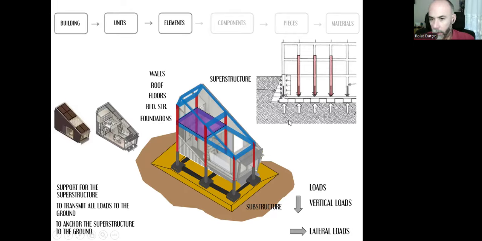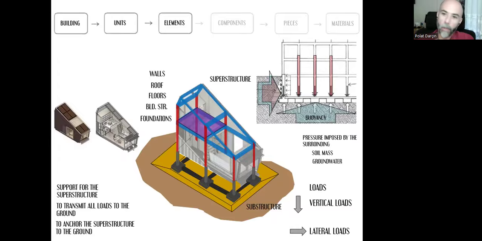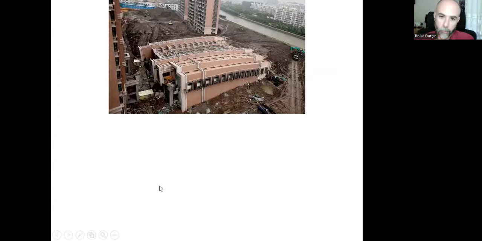But there are some additional loads, such as the pressure imposed by the surrounding soil mass and, most probably because there is water underground, the pressure imposed by the surrounding groundwater, and this can be either lateral or upwards because of the buoyancy of the water.